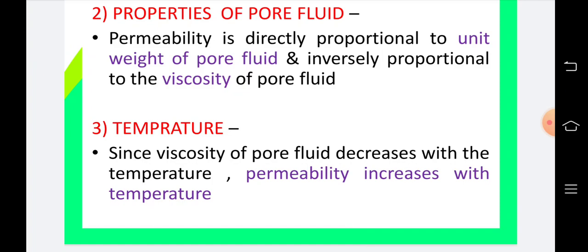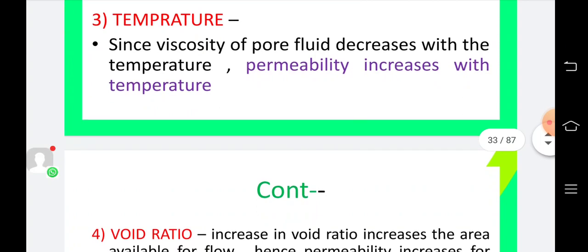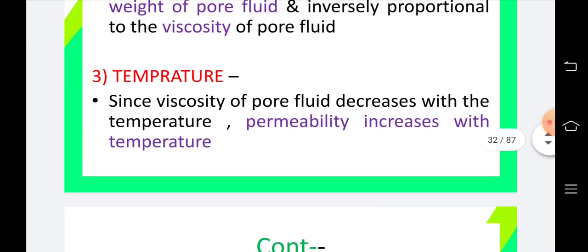As the temperature increases, permeability goes on increasing, and as the temperature decreases, permeability goes on decreasing.